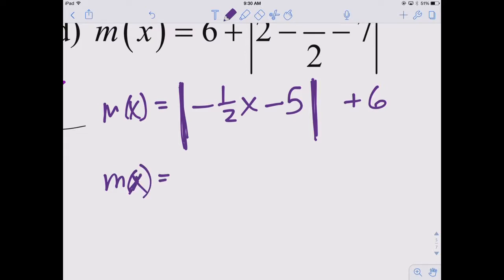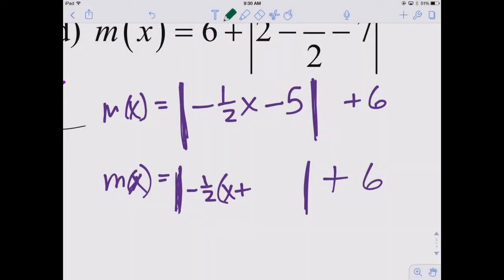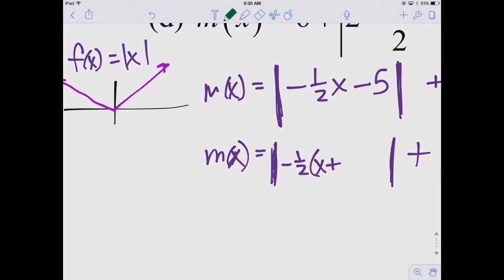All right. So now on the inside, we must factor out a what from both terms? Not a 1/2, a -1/2. Very good. -1/2, parentheses, positive x, and now when I factor a negative out of a negative, I get a positive. So what do I get when I factor a 1/2 out of a 5? Do I get 5 halves? No. Remember, you can do this off to the side. We're starting with a -5.